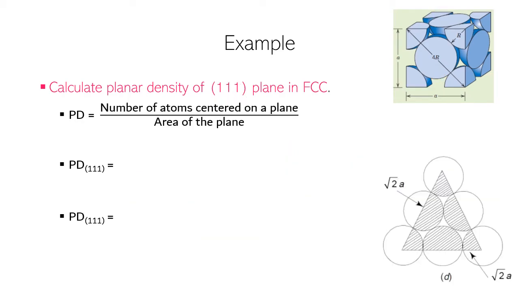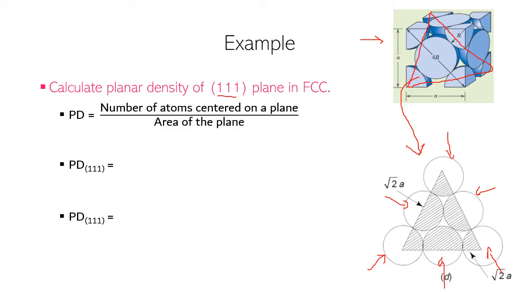Calculate planar density of 111 plane in FCC. So this is the FCC crystal structure unit cell, and we want to calculate planar density of the 111 plane. So now you should be comfortable with indexing, and this is the 111 plane of FCC crystal structure, and the atomic arrangement on this plane is shown here in this picture, and you can see that there are 3 corner atoms, so 1 2 3, and 3 face centered items on this plane.